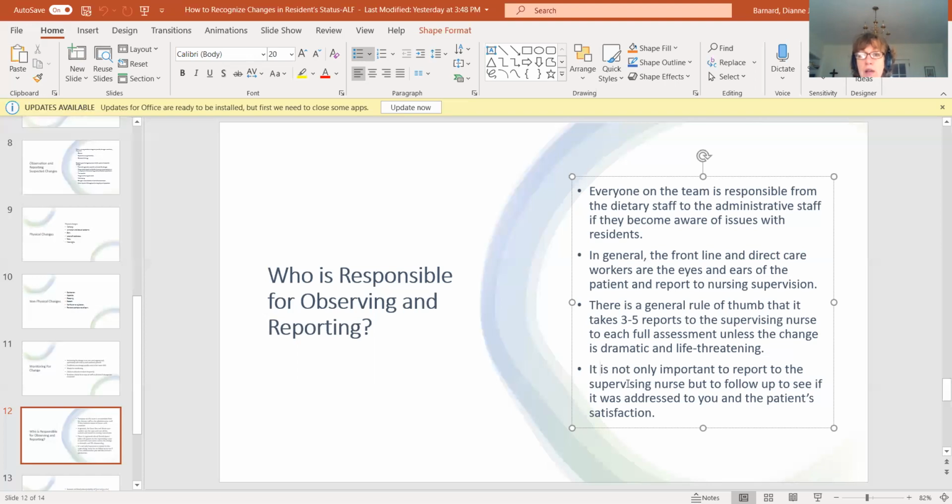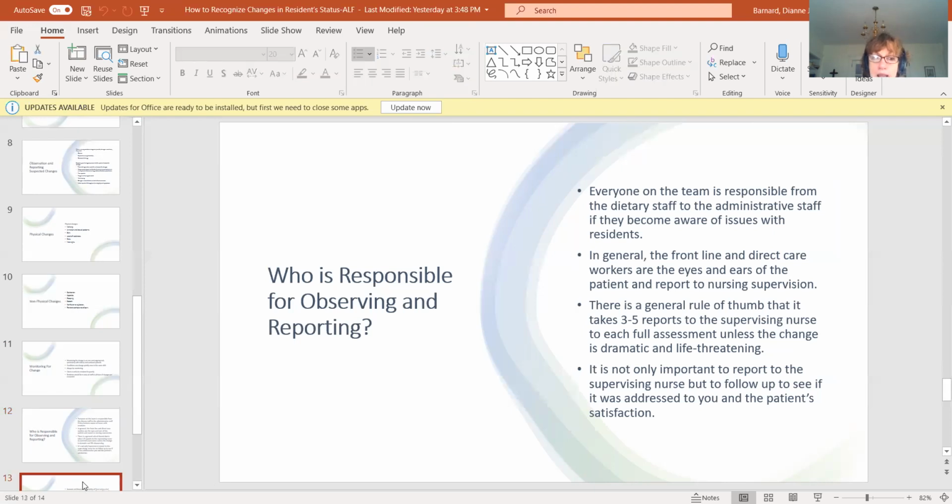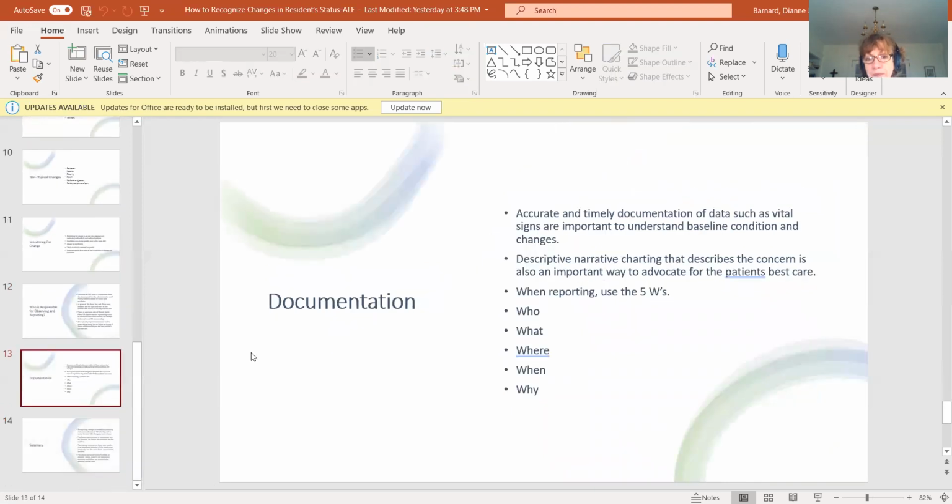You always have to keep your eye on the prize. My job is to advocate for this patient and it's not my ego that Nancy didn't listen to me. Okay, she didn't hear me the first time. I need to make sure, how can I get this message across? So that's your job, is to do it in a professional, organized way that produces results.